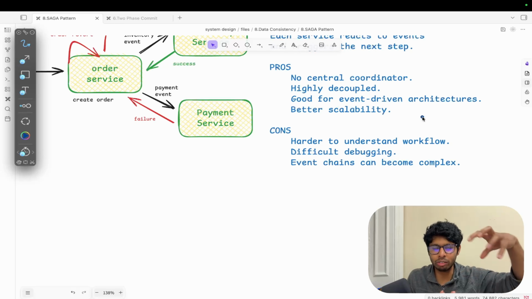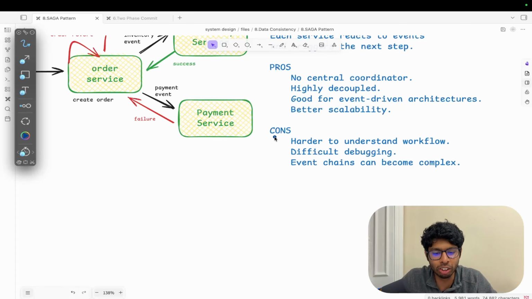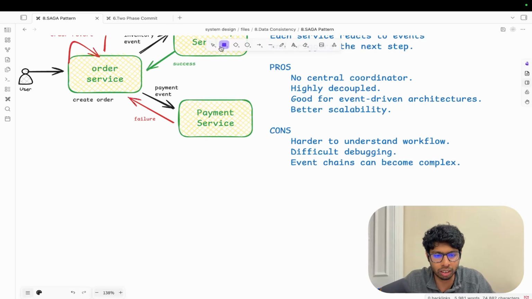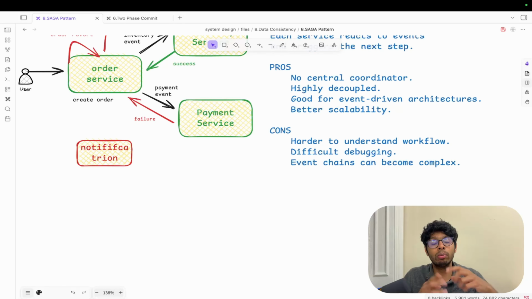Everything will come with pros and cons. So of course, it is very hard to understand. It is a very tough workflow, and we have to maintain a lot of documentation. Let's say one more service is added, for example a notification service. Now we have to think about which service we connect it with.